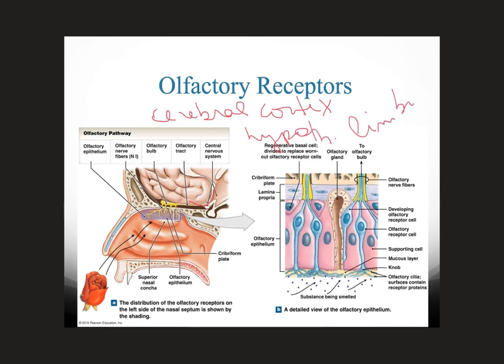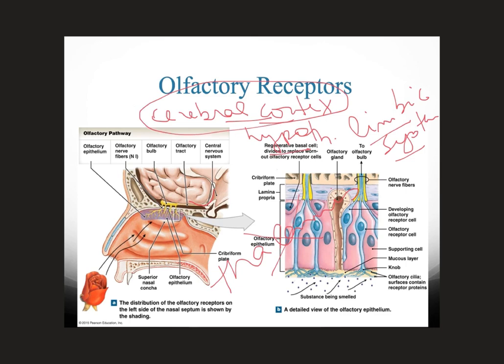So this is the exception of the pathway that does not pass through your thalamus first. So it goes directly to the cerebral cortex, can go through the hypothalamus, and it can go through the limbic system. But at the end, it will have its own place on the cerebral cortex where it's going to be detected.